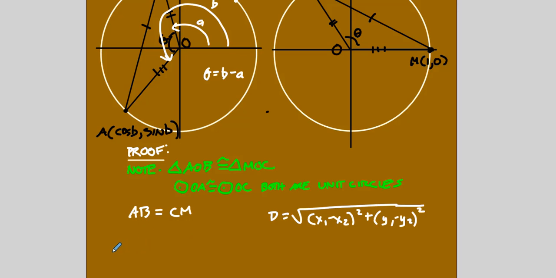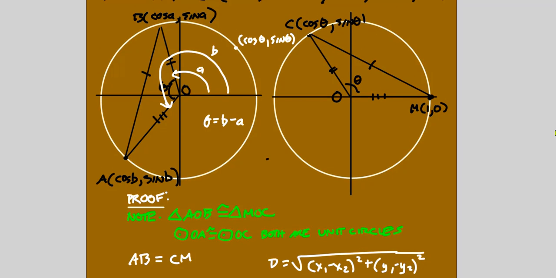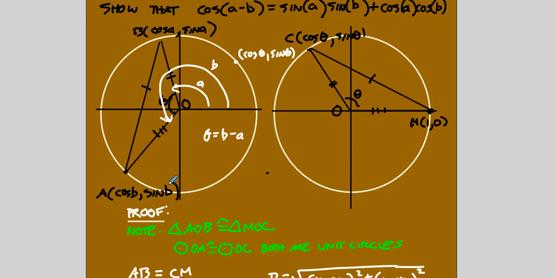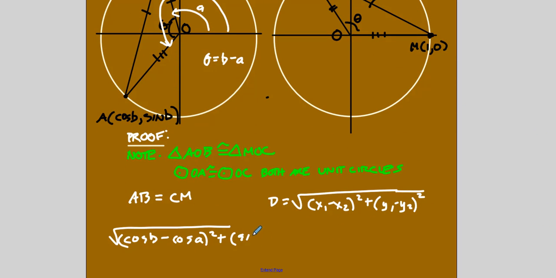So segment AB I can write as the square root of cosine of B minus cosine of A quantity squared plus the sine of B, that should be sine B, minus sine of A quantity squared. That's the length of AB.